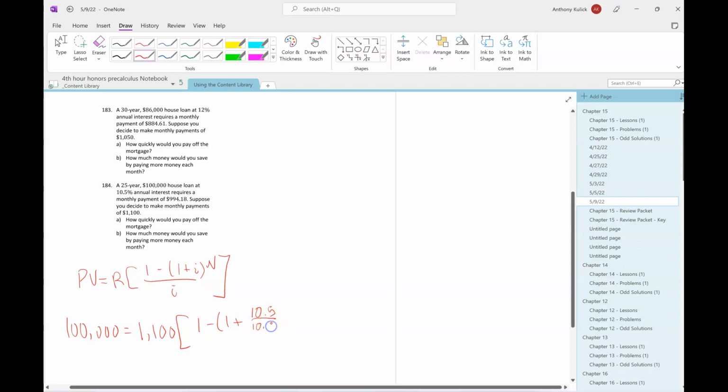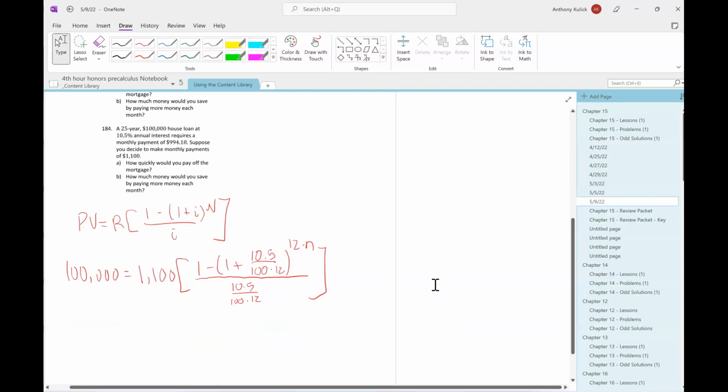And the K here is what? Should be 12, right? Because we're making monthly payments. So I think this is probably what I'm solving. Does that seem okay to you, Mia?